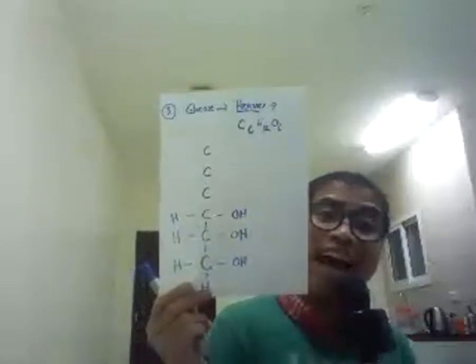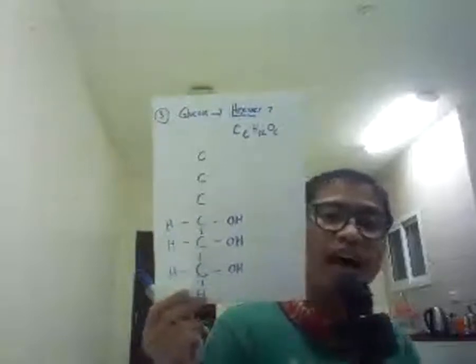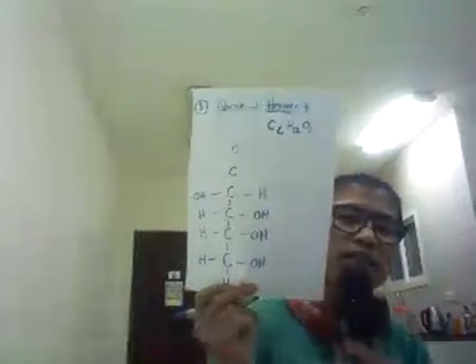Instead of the hydroxyl group being on the right side, it turns to the left side. Take note. So this is the identification of glucose. See, I reverse it, at carbon atom number 4.